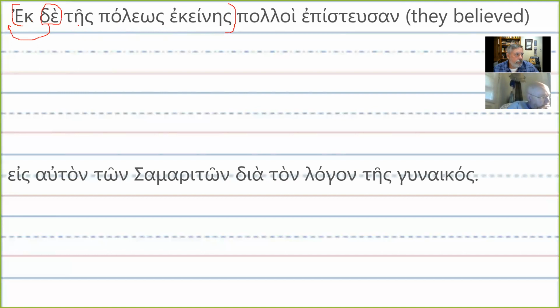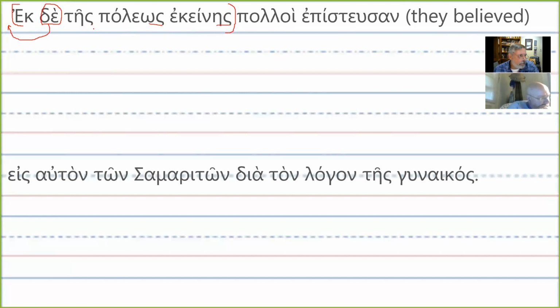And ek governs the genitive here. So "from" poleos, so tes poleos, feminine genitive singular. Poleos is also in the genitive. And ekeines is also in the genitive right here.